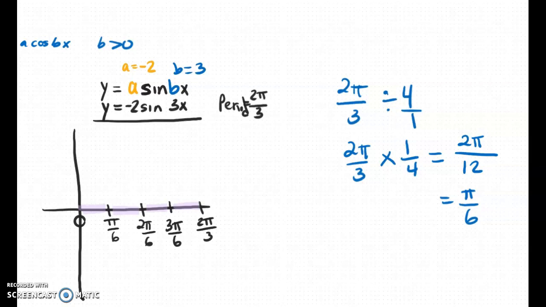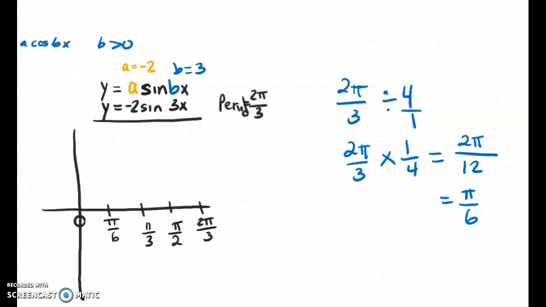But I can reduce both of these center ones. Both of those fractions reduce. Both of these are divisible by 2, so I would get pi over 3. And both of these are divisible by 3, and I would end up with pi over 2. So I've got my 4 equal intervals, and I have my x-axis marked off.